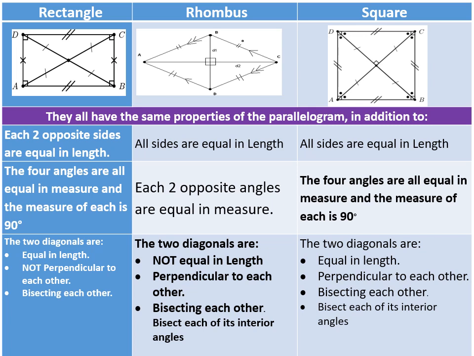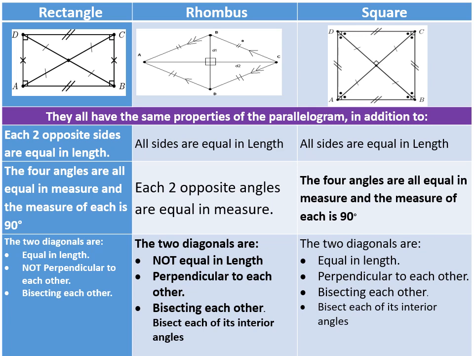In addition, in a rectangle, each two opposite sides are equal in length, and the four angles are all equal in measure, and the measure of each is 90 degrees. The diagonals are equal in length and not perpendicular to each other, and they bisect each other.